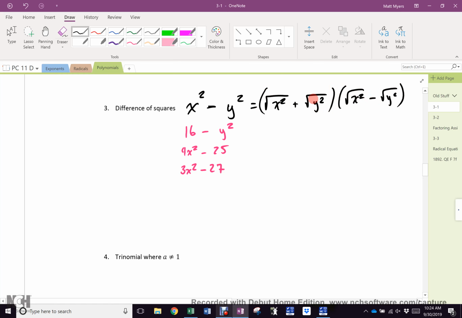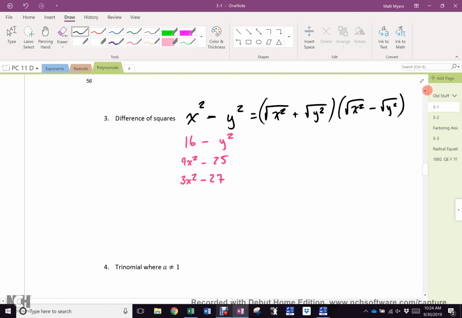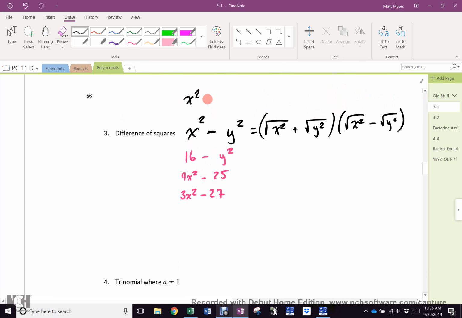We want the middle term to drop out. Because this is really x squared minus 0xy minus y squared, isn't it? So really, I need numbers that would multiply to negative y squared and add to 0, which is obviously plus and minus the square root of y squared.